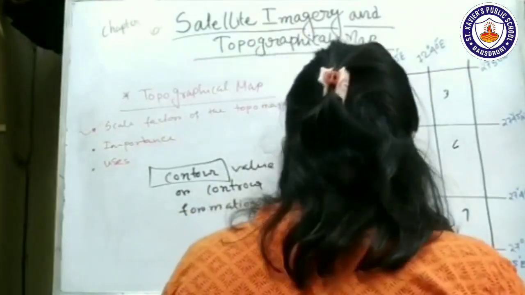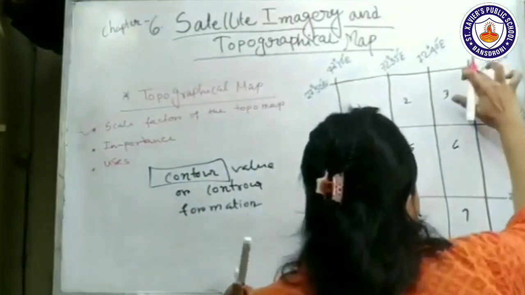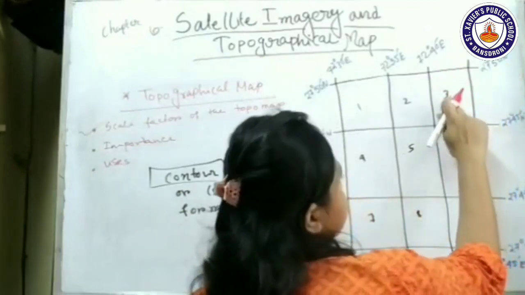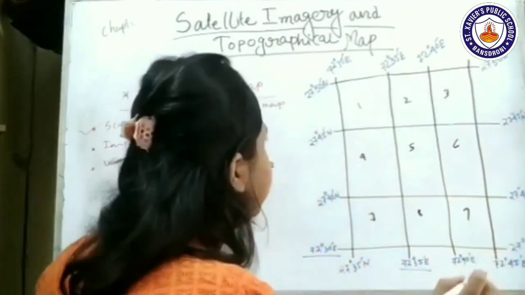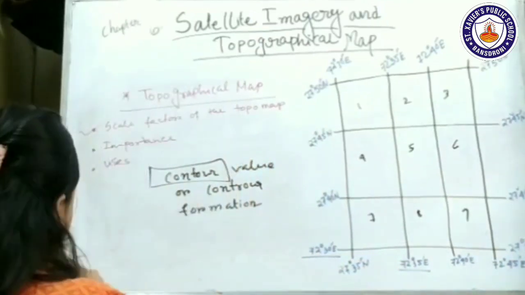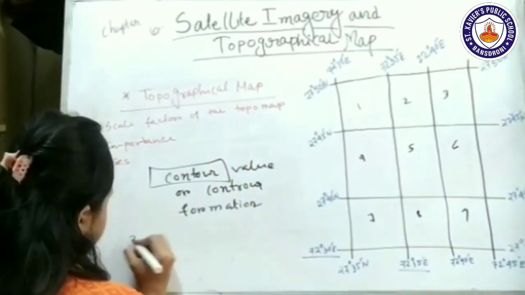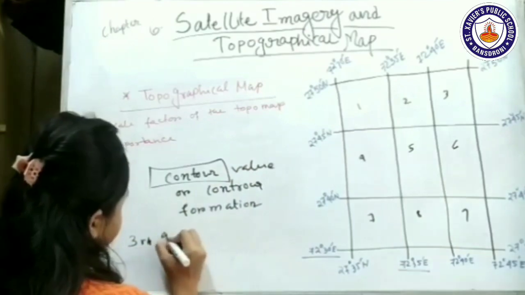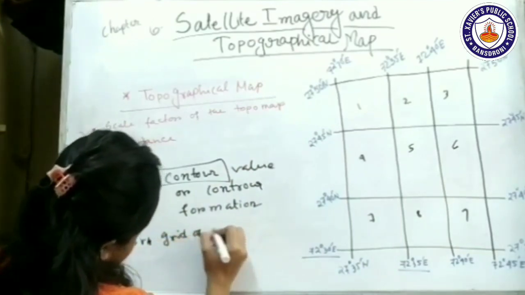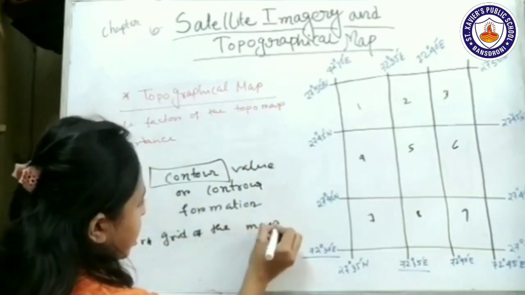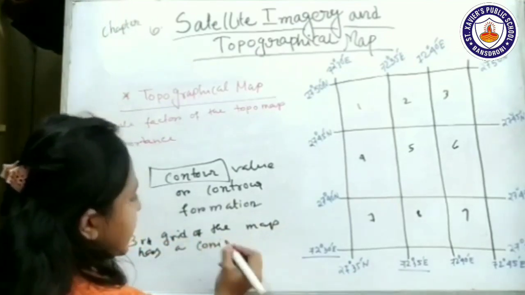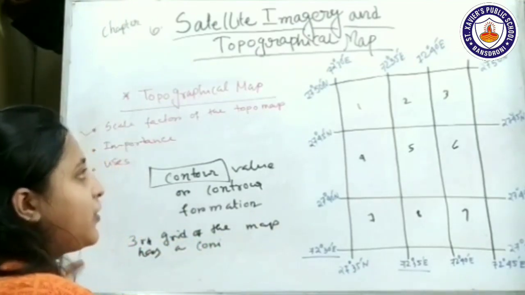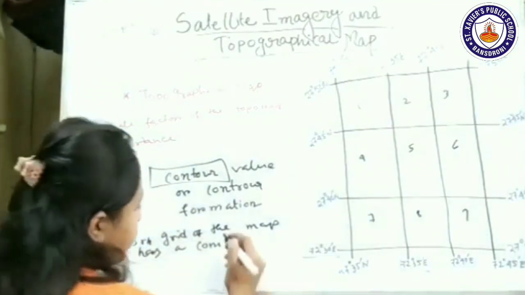I will just make a rough map. Just assume that in the third grid of the topographical map, there is a conical hill. A conical hill, you know what a conical hill is? A conical hill is a mountain.